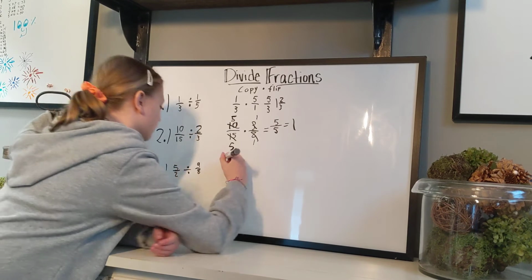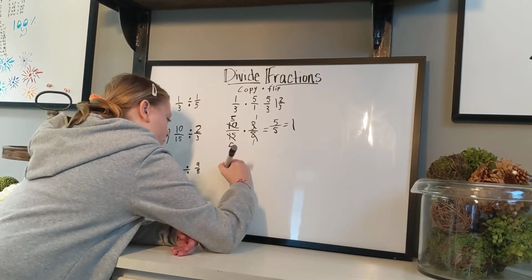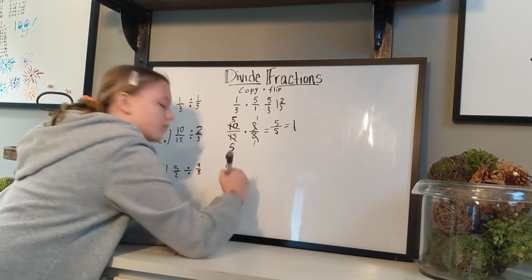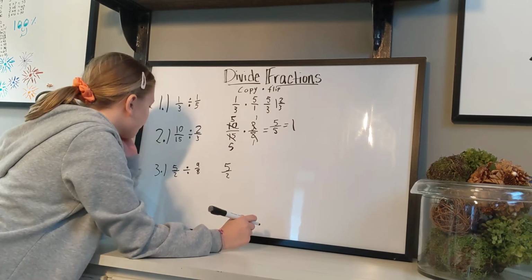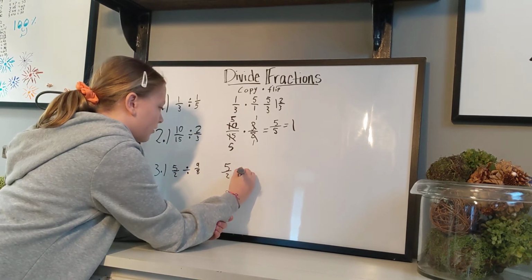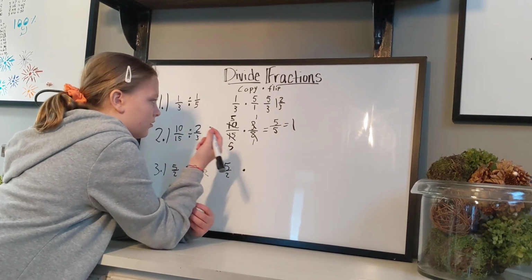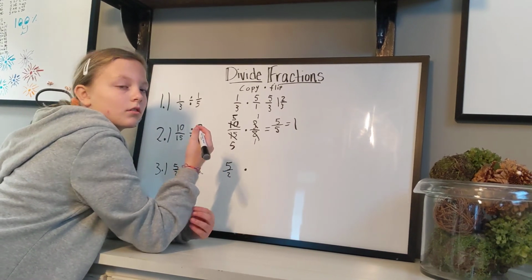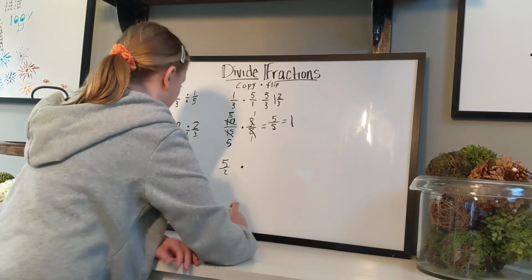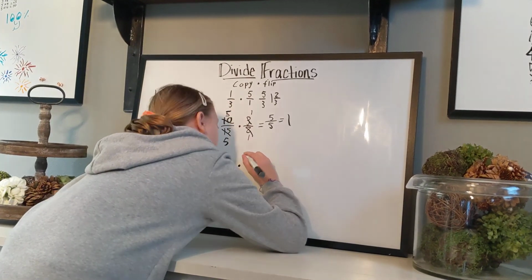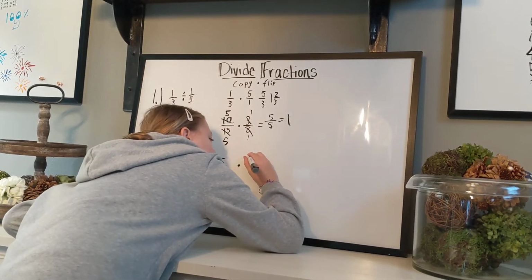So you're going to copy 5/2. And then what do you do instead of dividing? Multiply, so you do a dot. You could do an X, but in pre-algebra and algebra we use dots. And then we need to do the reciprocal of 9/8. So what's the reciprocal of 9/8? 8/9.